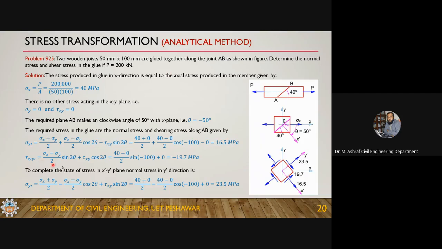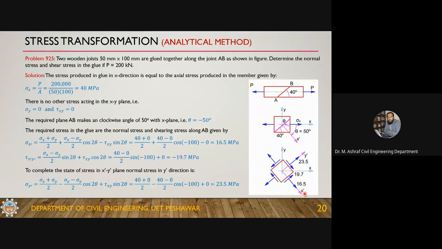The shear stress developed along this plane, along this glue, is given by this equation. If you plug in the values, it will result in minus 19.7 MPa. Now if you want to show the result, this is your required plane, AB.